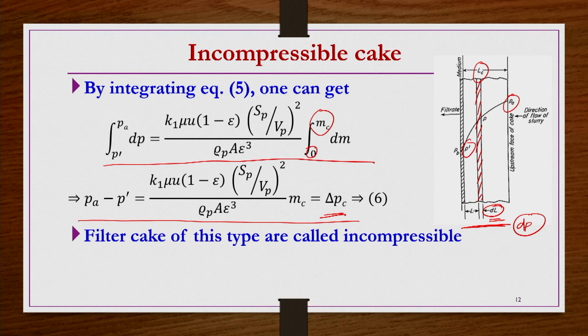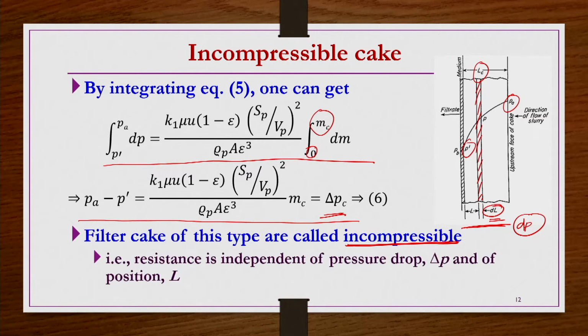Now, filter cakes of this type are called incompressible cakes, where we have taken that the cake resistance, the resistance of the cake that has formed, is independent of the L value.